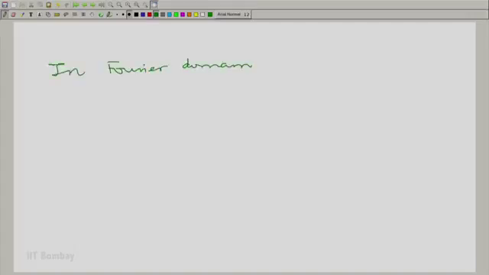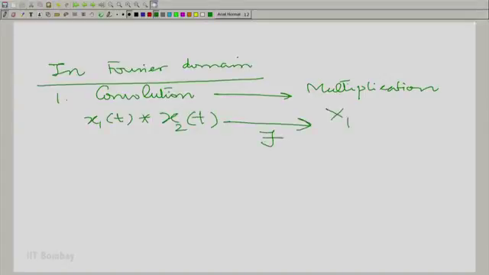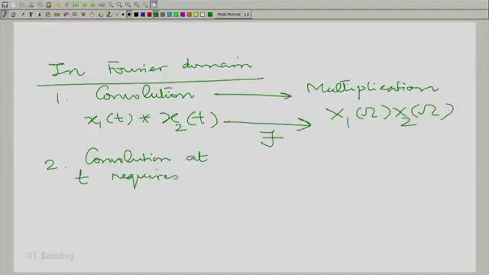In the Fourier domain, convolution translates to multiplication. So x1(t) convolved with x2(t) has a Fourier transform given by capital X1 of omega times capital X2 of omega. To calculate a convolution at t requires the whole of the signal.